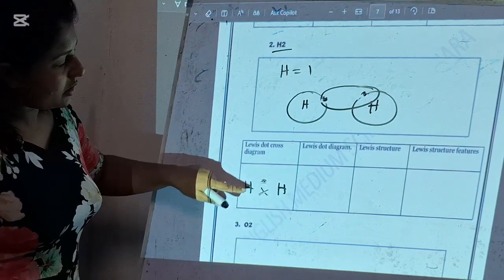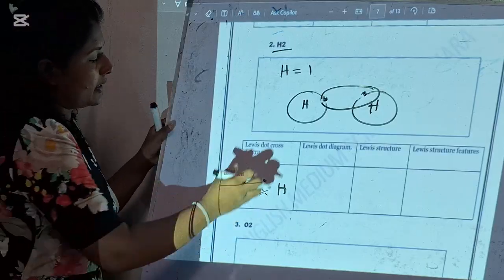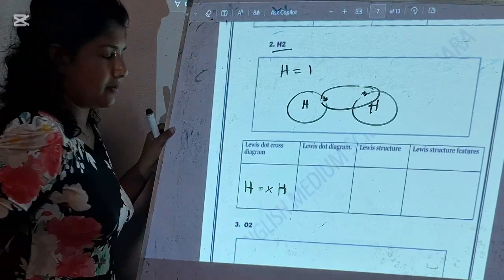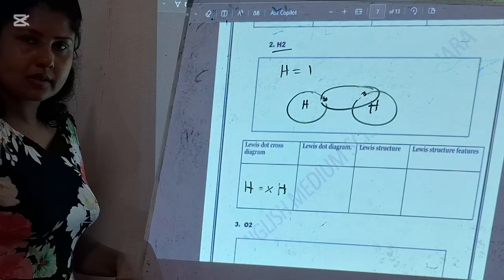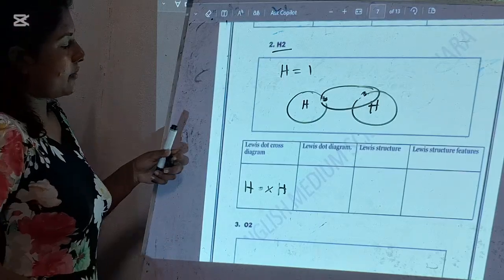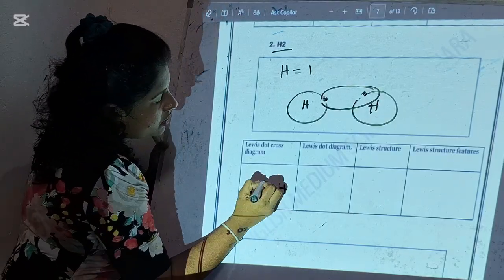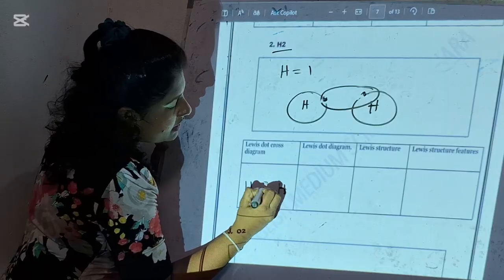This one is giving a dot, this one is giving a cross. That's the way, as in the book. This is giving dot, this one is giving cross.